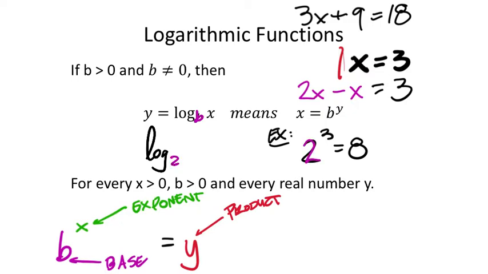So that reads log base 2 of whatever the product is. Over here, where 8 is the product, it's log base 2 of 8. You notice that we write the base a little smaller, kind of like we would with an exponent, and then the product comes after the base.